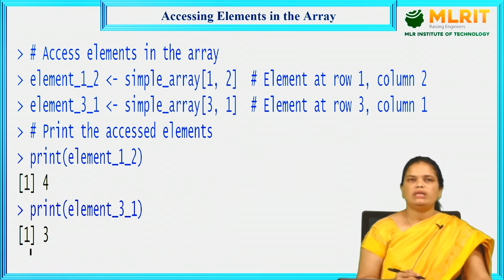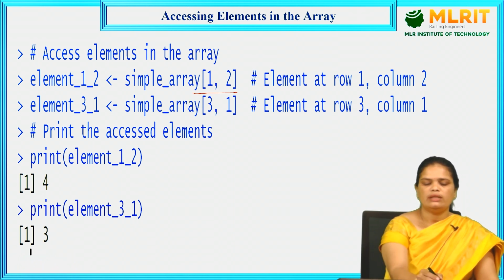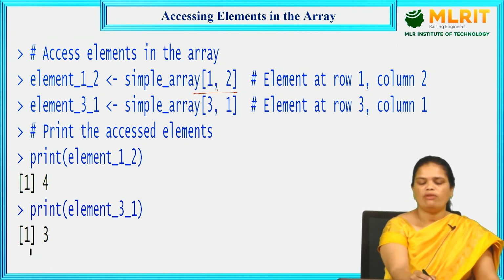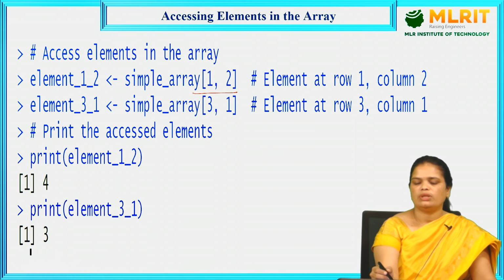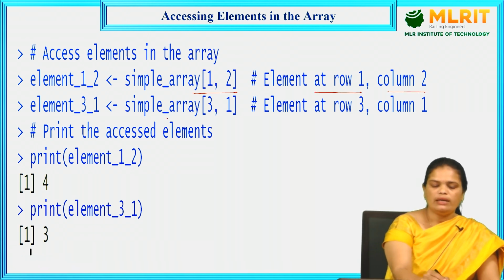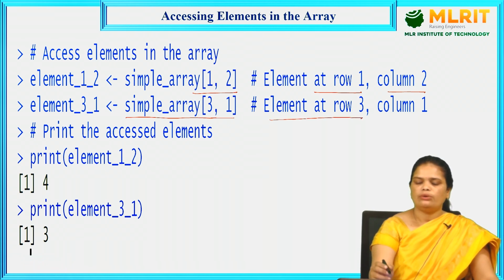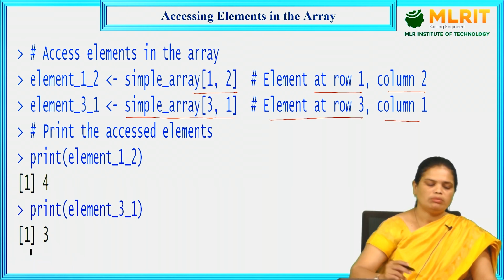Accessing the elements in the array. Elements in the array are accessed by the index value. So here the index value of simple array of 1, 2 indicates row 1 and column 2. Here simple array of 3, 1: the row number is 3 and the column number is 1.